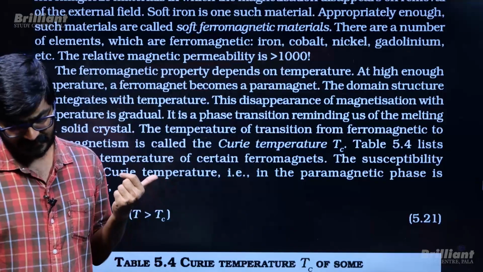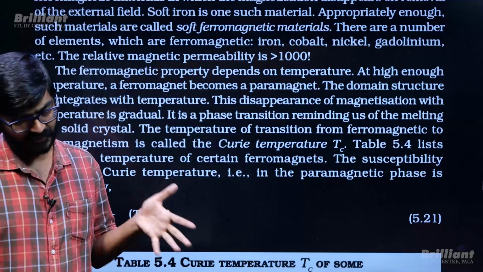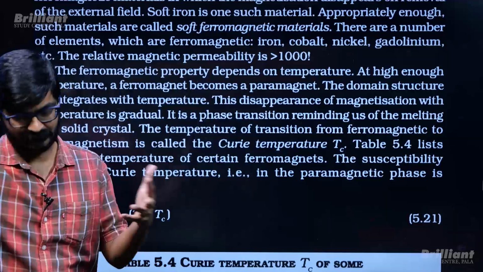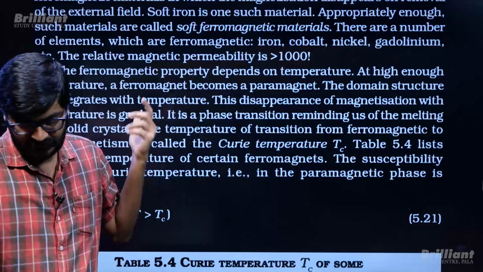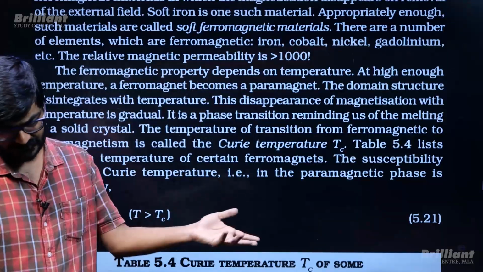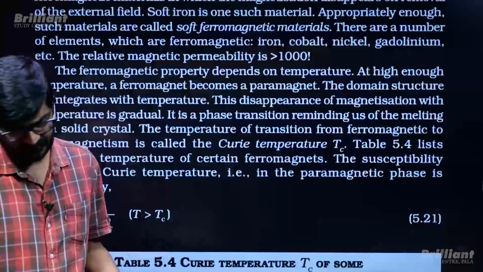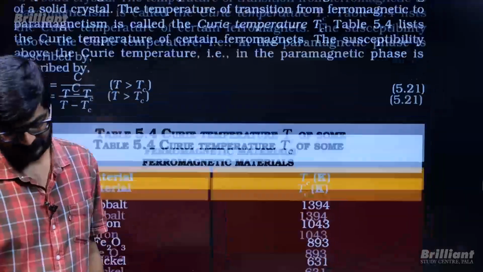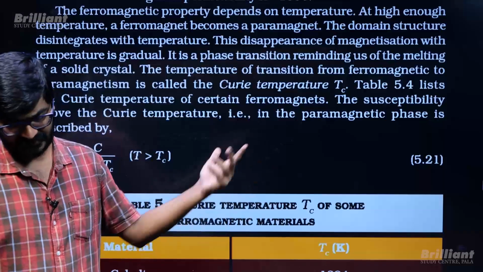The temperature of transition from ferromagnetism to paramagnetism is called the Curie temperature. So the temperature at which a ferromagnetic material converts into a paramagnetic material is called the Curie temperature. It depends on the material. Table 5.4 lists the Curie temperatures of certain ferromagnets.